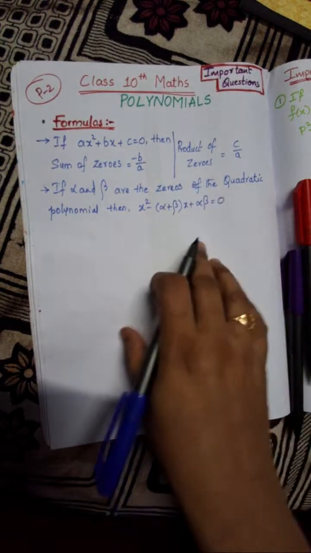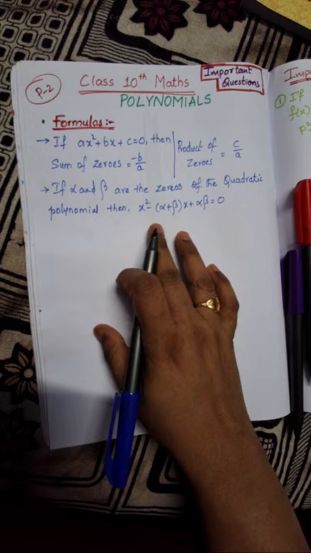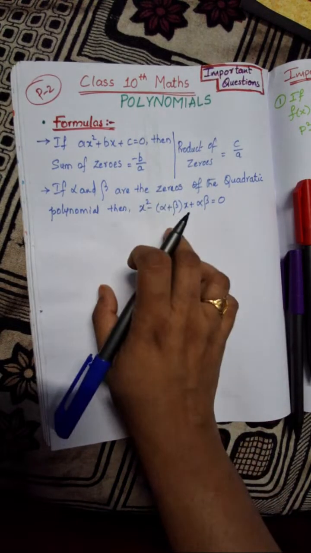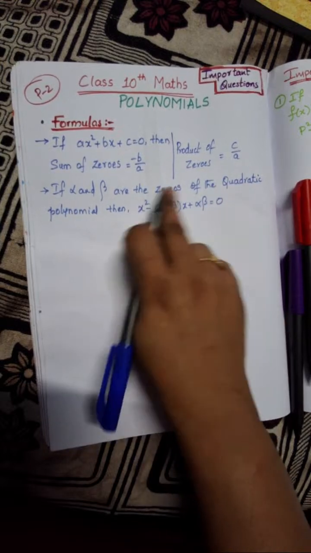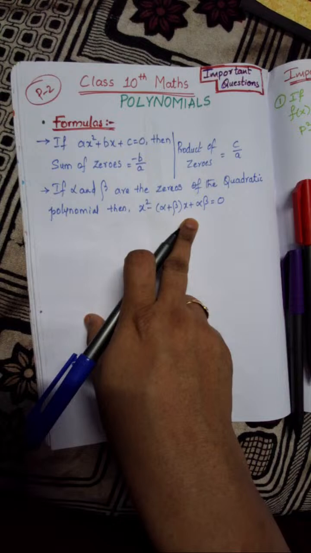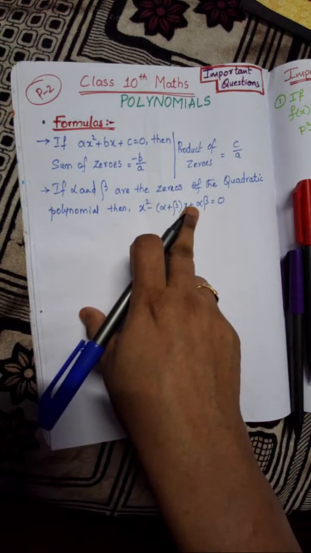If you are asked to find the quadratic polynomial when the zeros alpha and beta are given, then we substitute in this formula and we get the quadratic polynomial. So that's all. This is a very important formula.